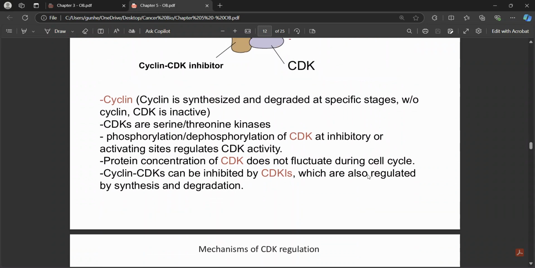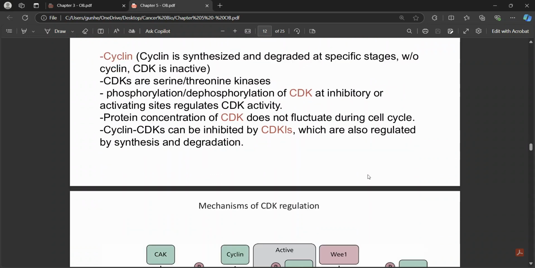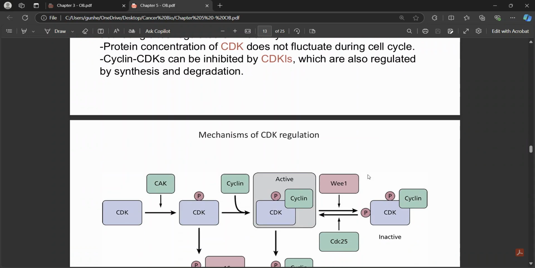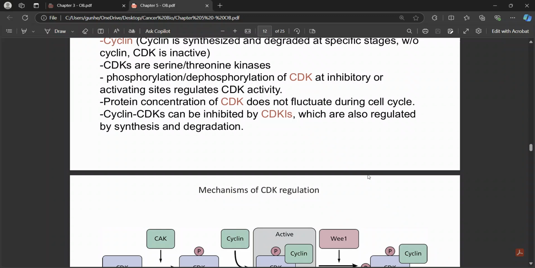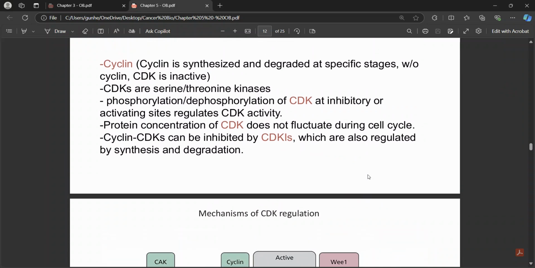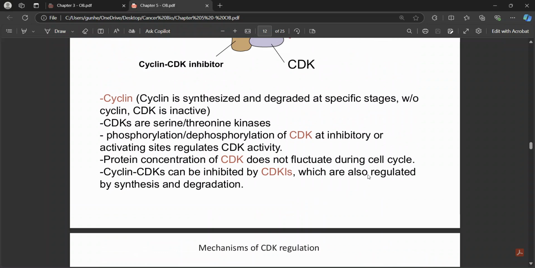CDKs are serine threonine kinases. The protein concentration of CDK does not fluctuate during the cell cycle. Cyclin CDKs can be inhibited by CDKIs. Phosphorylation and dephosphorylation of CDK at inhibitory or activating sites regulate CDK activities.